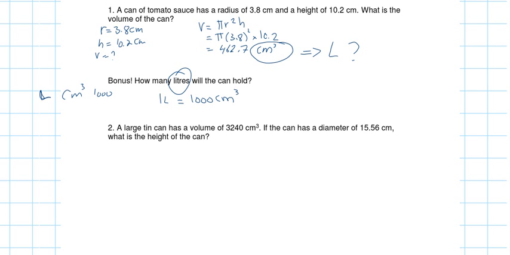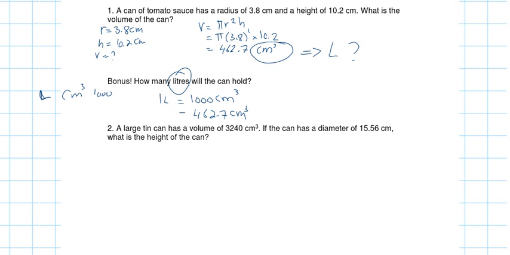How many centimeter cubes do I have? 462.7, right? So if I'm going to convert this to liters, this is how I do it. I put the centimeter cube under the centimeter cube. This is how I set it up. I don't know how many liters that is.